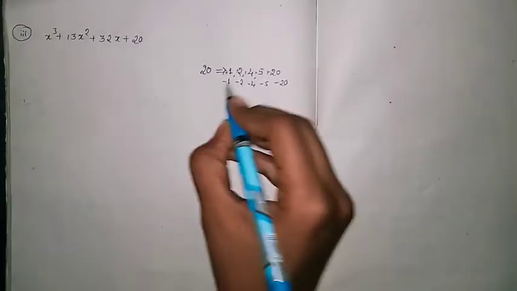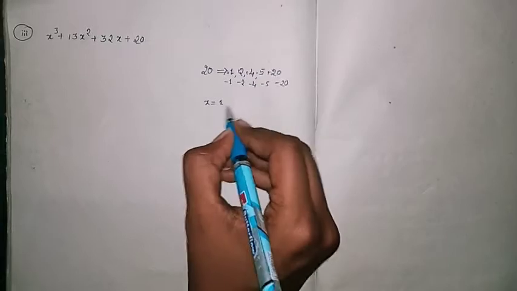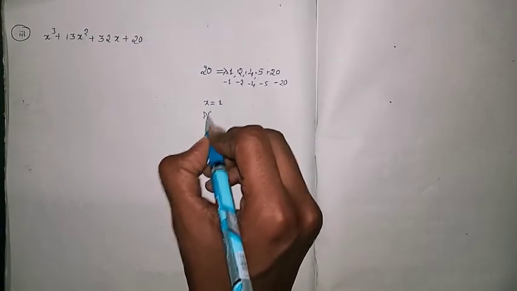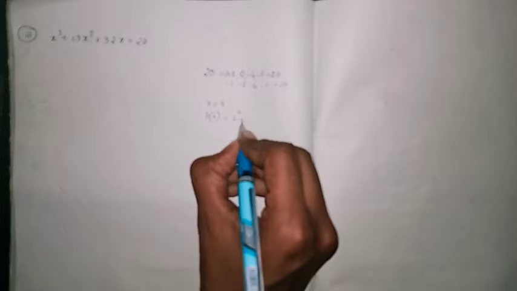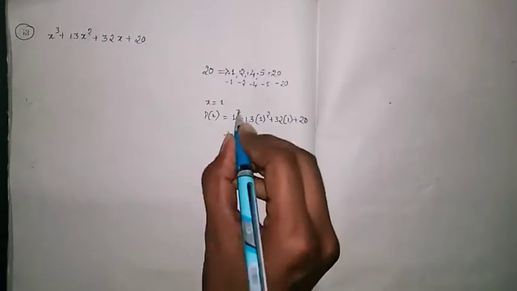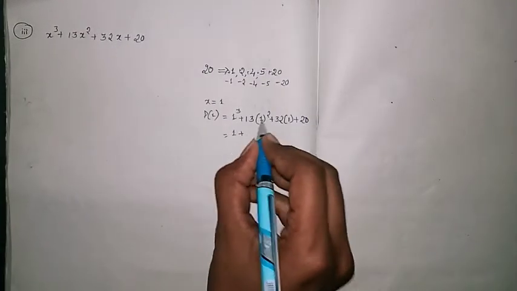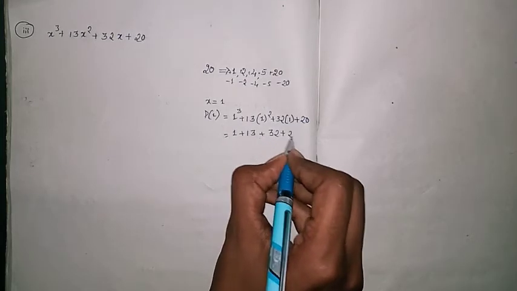First we will go for p of 1, that is, x is equal to positive 1 we will consider. So the equation is x cube plus 13x square plus 32x plus 20. So 1 cube is 1, plus 13 times 1 square is 13, plus 32, plus 20.